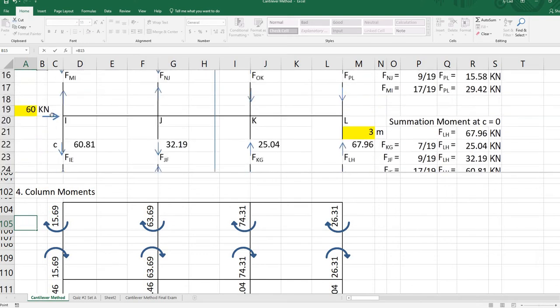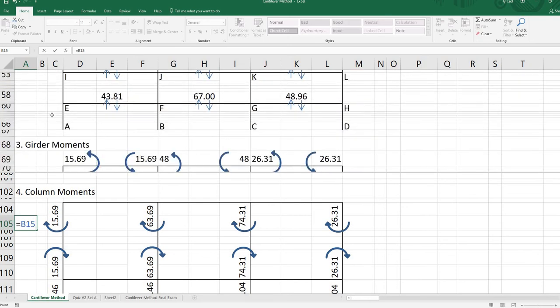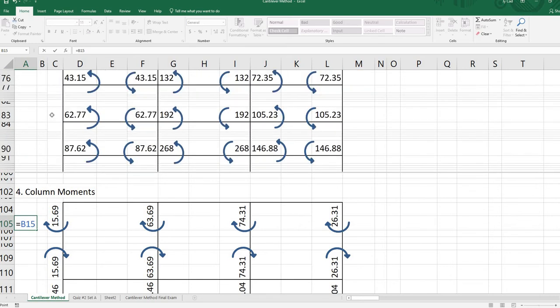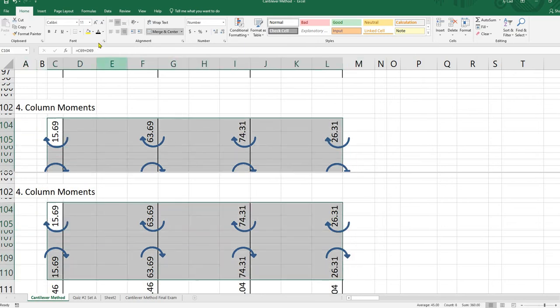This is column axial, and then we have girder shear, and then girder moments. Oops, wala pa palang column shear. Okay, so ibahin natin, mali ako. Gawin nating summation moment at node is equal to 0. Okay, let's do that.